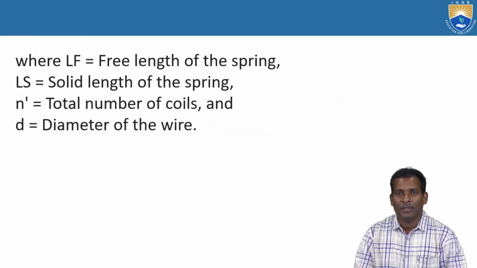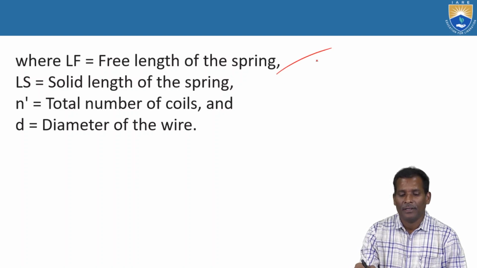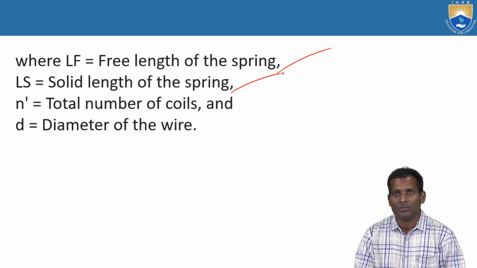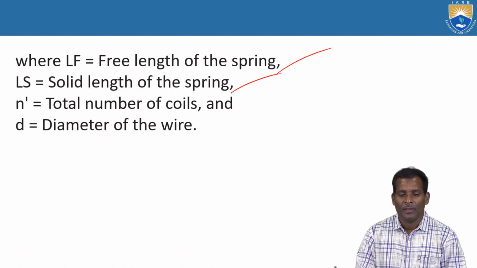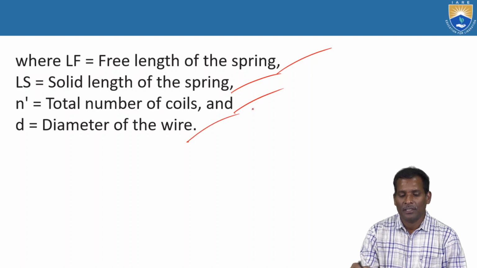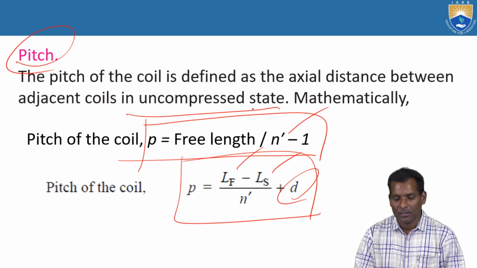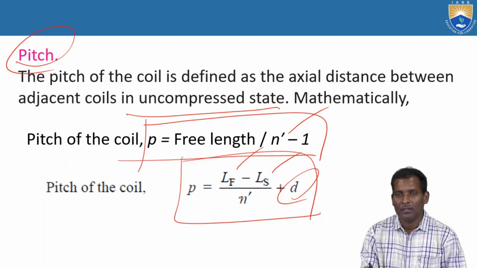So here, given LF is the free length of the spring, LS is the solid length of the spring, N' is the total number of coils, and d is the diameter of the wire. As already shown, (LF minus LS) upon (N' plus d).